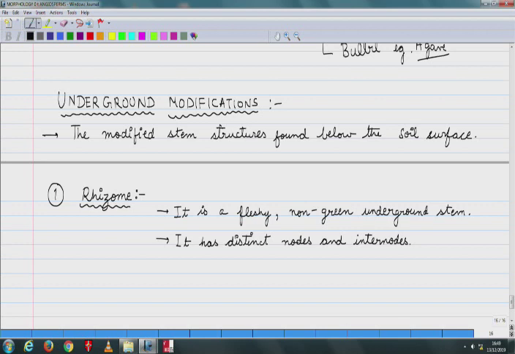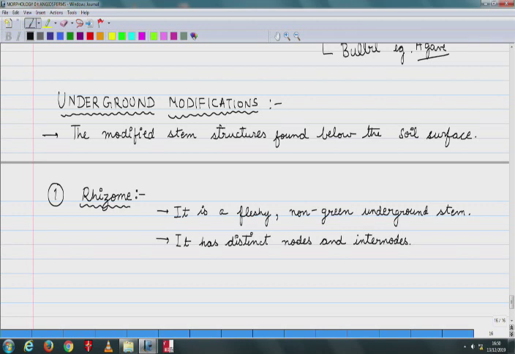We find nodes and internodes there, but that is not all. Scaly leaves are present on the surface of the ginger, and these identify that this is a leaf. If there is a leaf, there must be a bud, and buds are found in the axil of the leaf. So it is confirmed that this is a stem and nothing else.